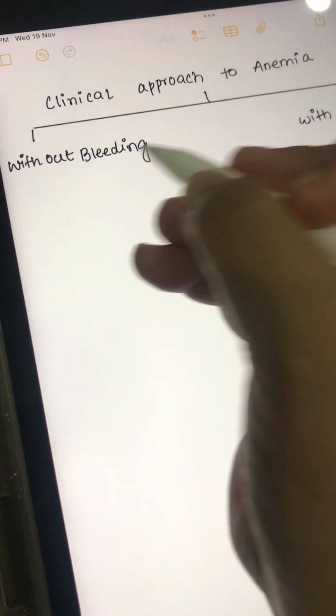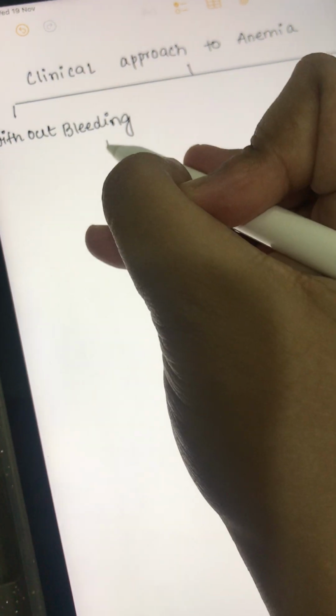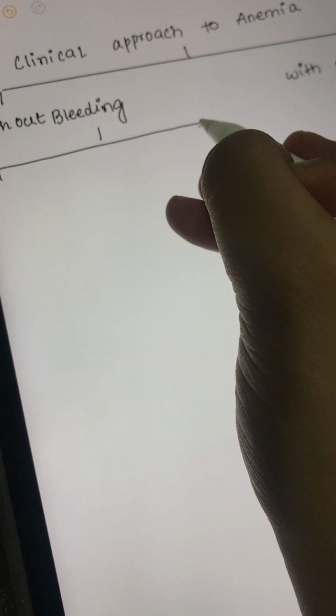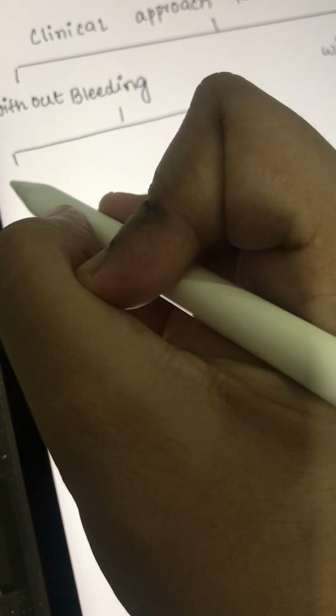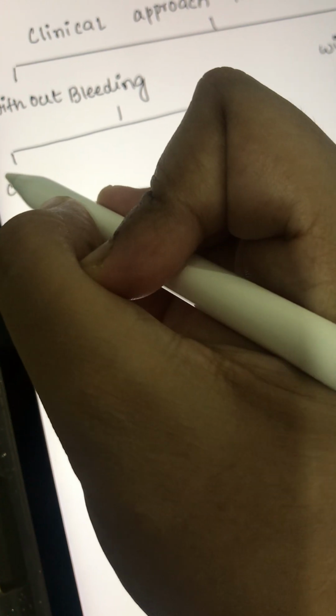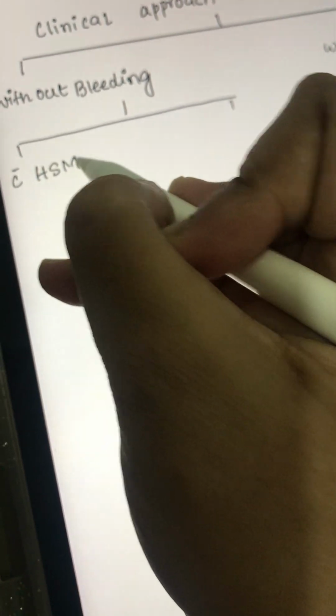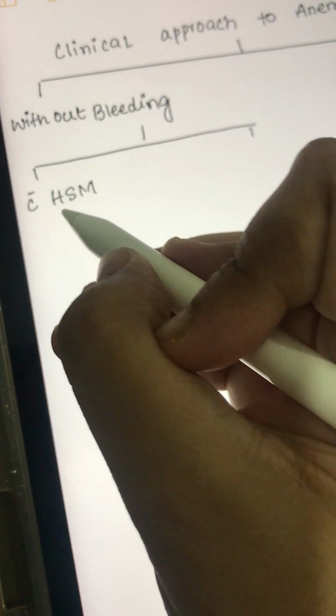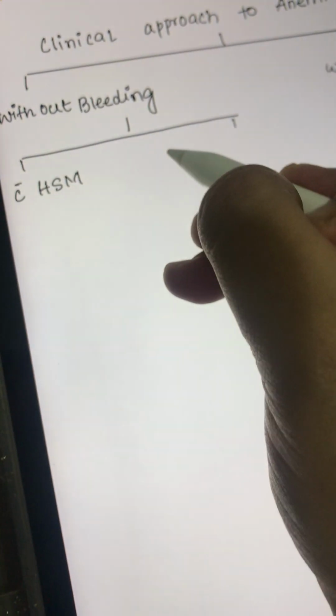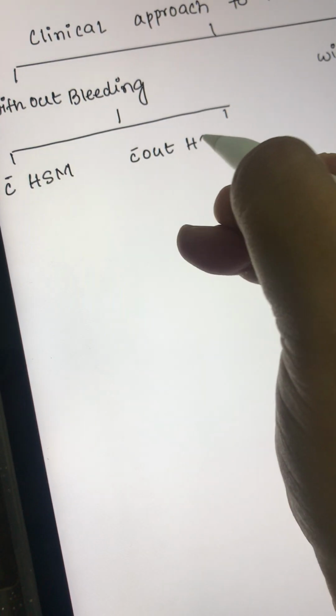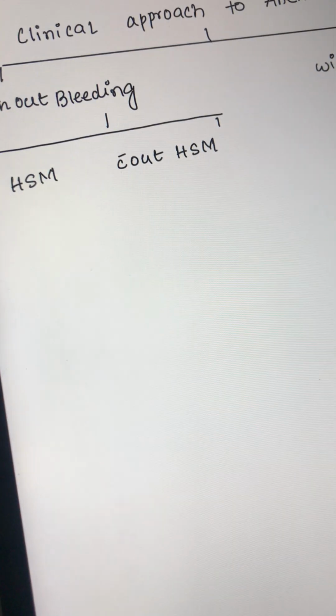Now, without bleeding, we will further divide it into two halves. One is with hepatosplenomegaly, or without hepatosplenomegaly.